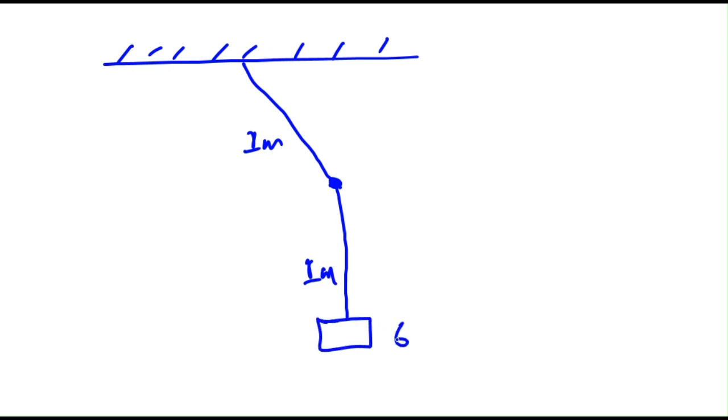There is a ceiling and a rope here. At this point in the middle, let's say this is 1 meter, and after this the rope has a length of 1 meter, and there is a mass of 6 kg suspended. We know this mass will have a weight of 60 Newton if we take g equal to 10 meter per square second.